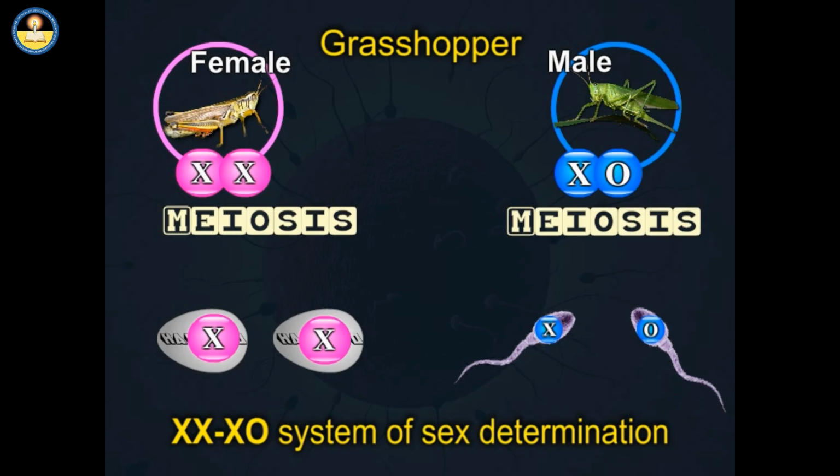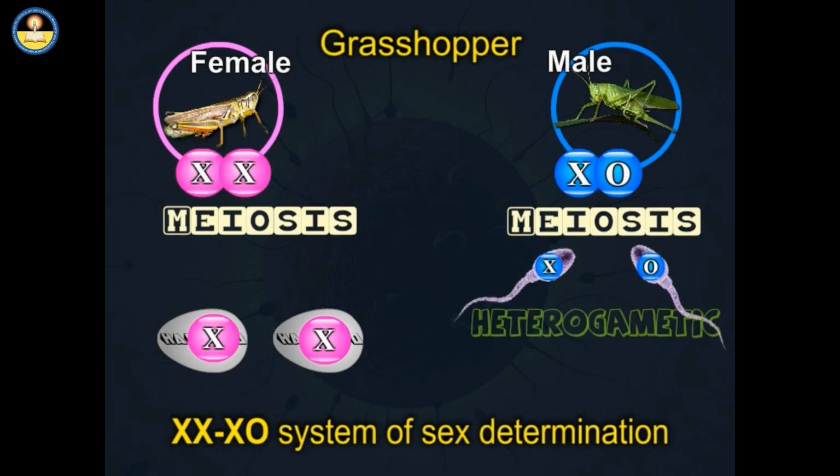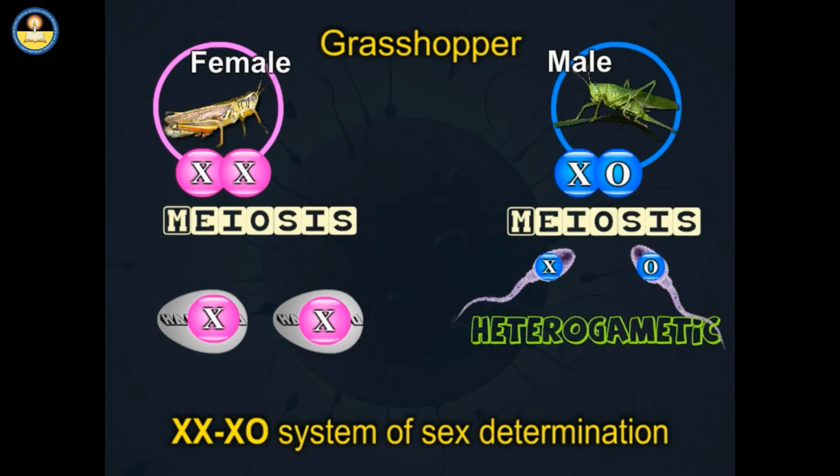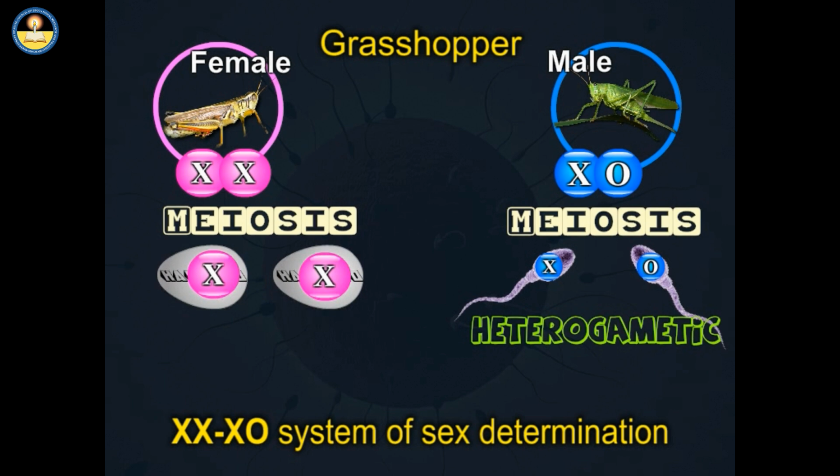Because males produce 2 different types of gametes with respect to the sex chromosomes, they are said to be the heterogametic sex. Females which produce gametes that are all the same with respect to the sex chromosomes are the homogametic sex.